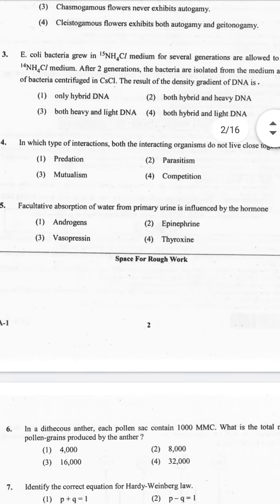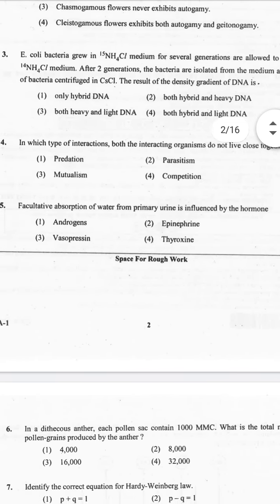DNA was analyzed by equilibrium density gradient centrifugation on periodically collected samples to separate heavy-heavy, heavy-light and light-light duplexes into distinct bands. So hope you understood this one.